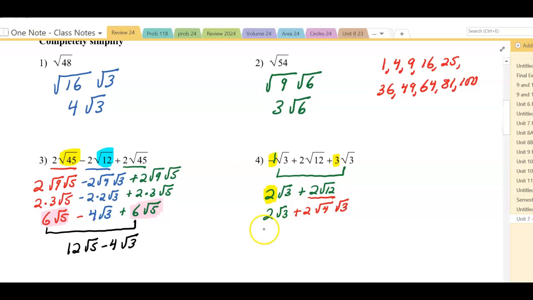So that simplifies to 2 root 3 plus 2 times 2 root 3. That becomes 2 root 3 plus 4 root 3. And combining the 2 and the 4, we get 6 square roots of 3.